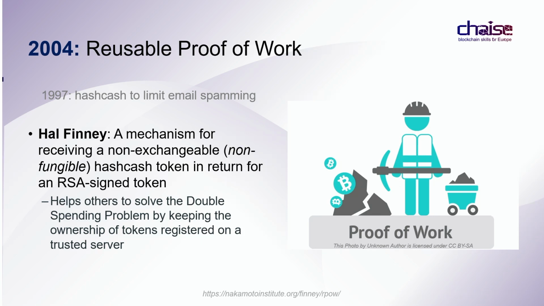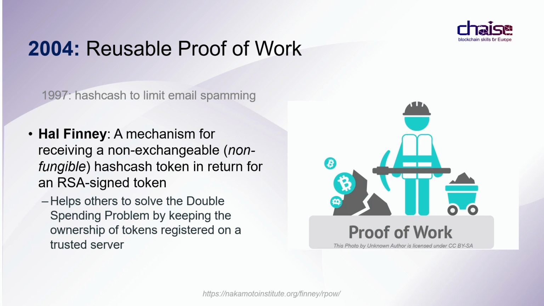In 2004, the concept of proof of work was also introduced to verify computational effort and deter cyber attacks. This gave a way to Hashcash, a proof of concept algorithm that provides denial of service countermeasures. Adam Back introduced Hashcash in 1997 to limit email spamming.